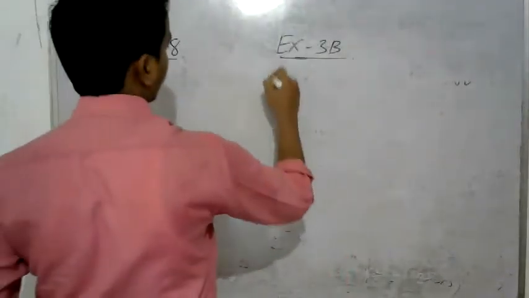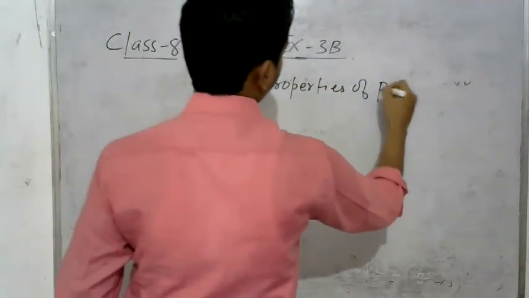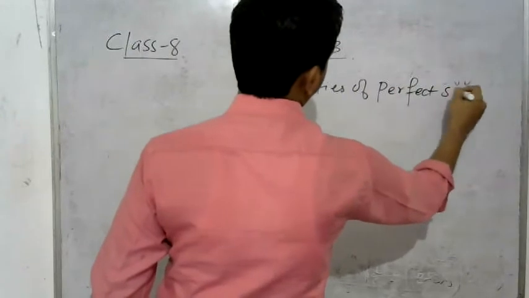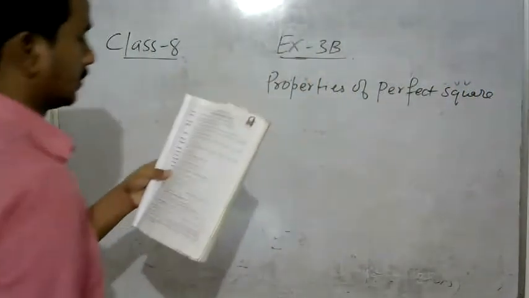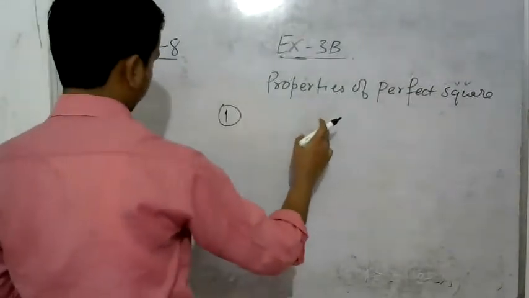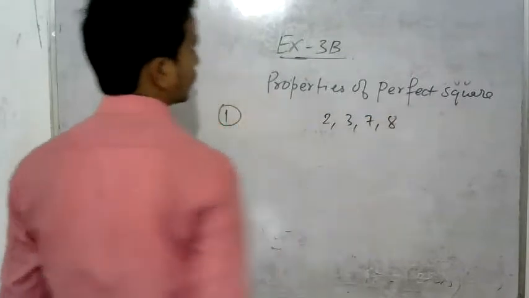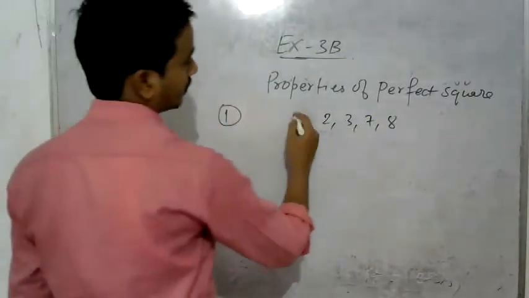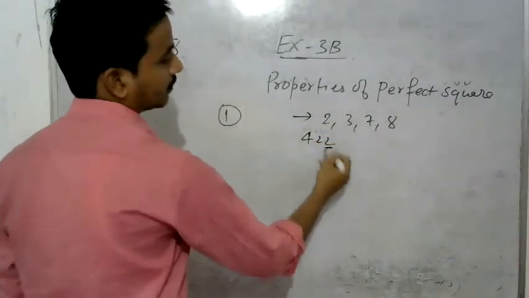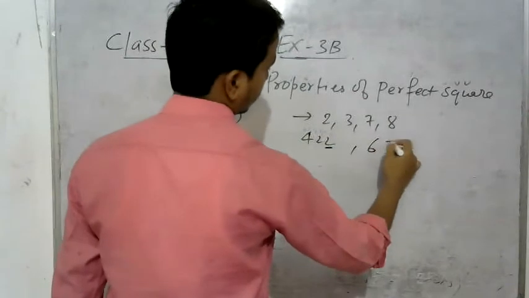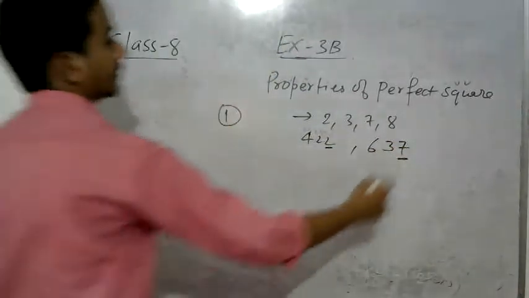The first property is that any number ending with 2, 3, 7 or 8 is not a perfect square number. For example, 422 ends with 2, or 637 ends with 7. So these are not perfect square numbers.